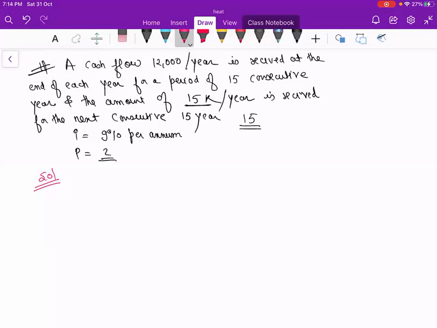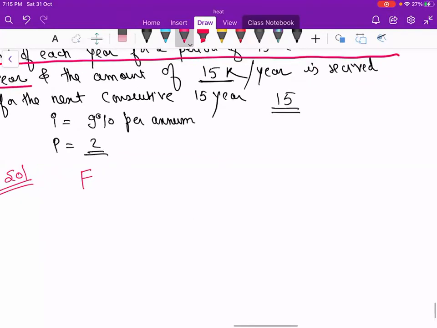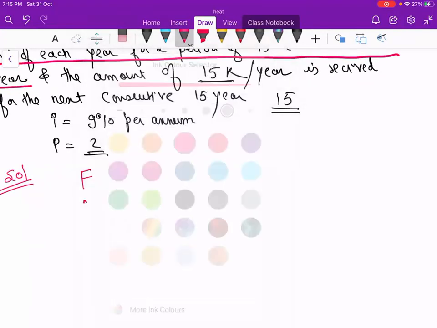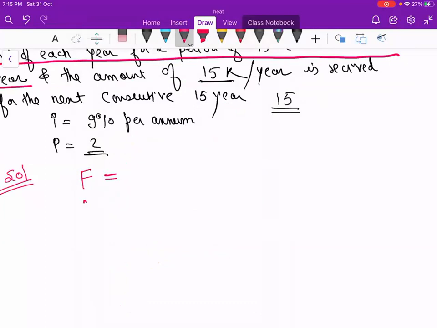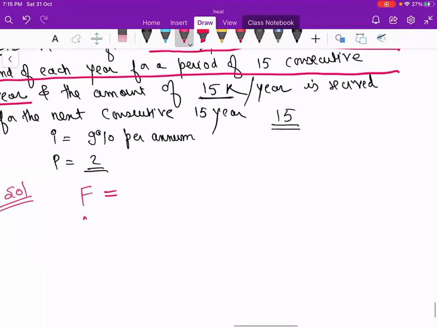A cash flow of 12,000 per year is received at the end of each year for a period of 15 consecutive years. Okay, 15 साल के लिए पैसा मिला, कितना, 12,000 रुपए मिला. So F equals, कितना डाला है, 12,000 per year.